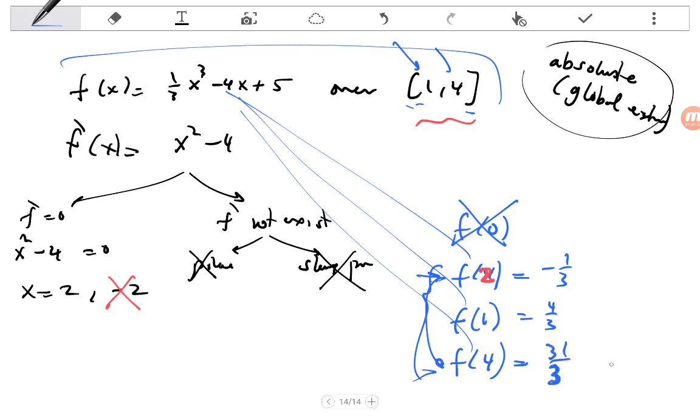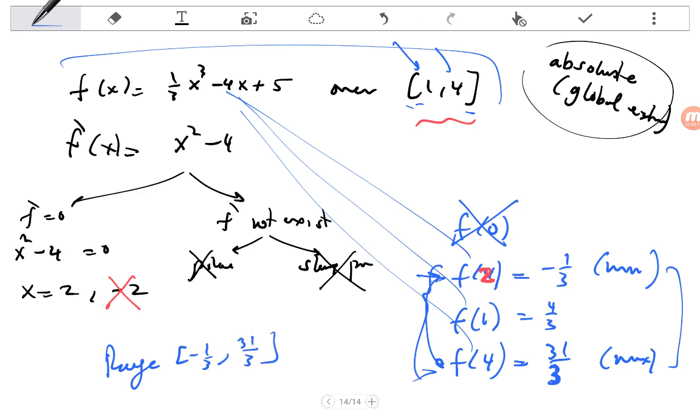It is obvious that this is the maximum value and this is the minimum value. This is a continuous function, so we may say that the range is from negative 1/3 to 31 over 3. Okay.